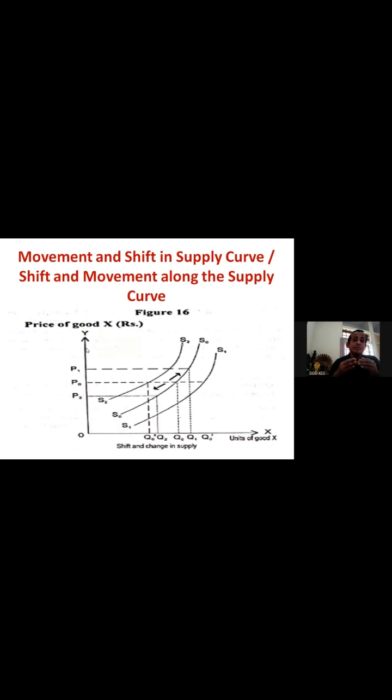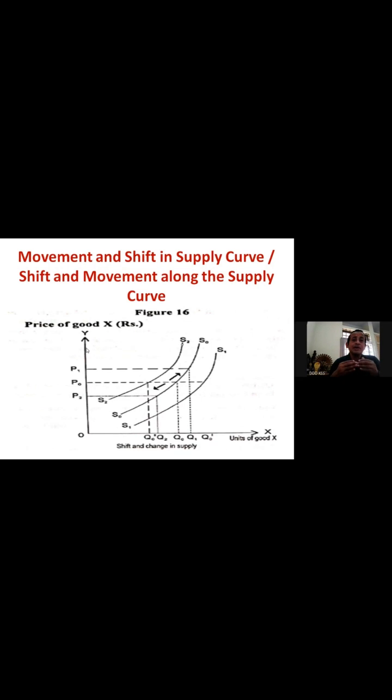What I said, I am repeating again. Movement in the supply curve refers to the process when there is an increase or decrease in the supply due to the rise and fall in the price.